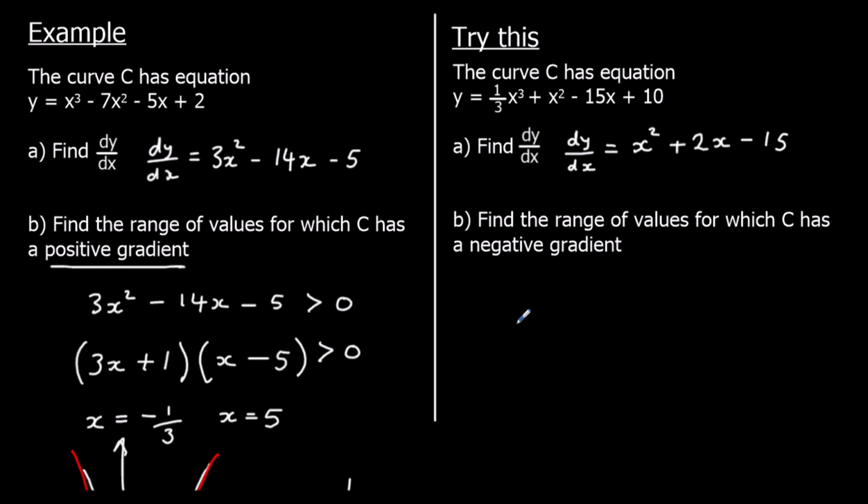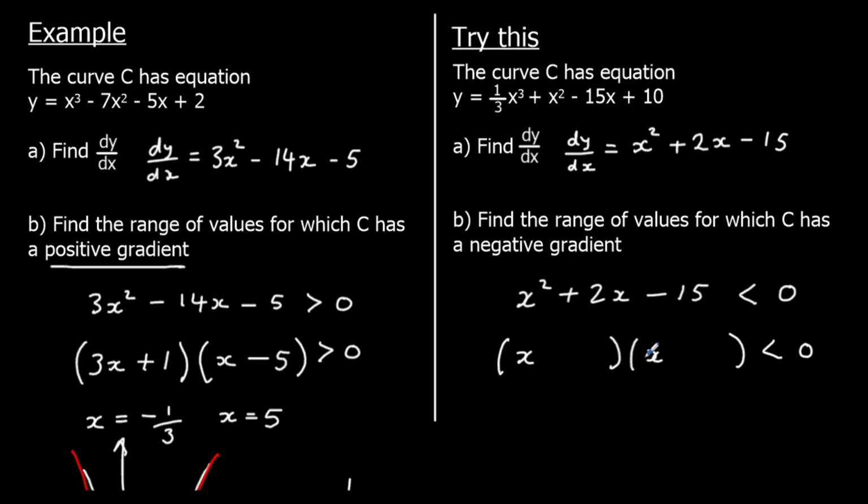Now find the range of values for which C has a negative gradient. So it's got a negative gradient when dy/dx is negative. So x squared plus 2x minus 15 is negative, less than 0. So again, let's factorize this. We'll find the points where it crosses the x-axis.